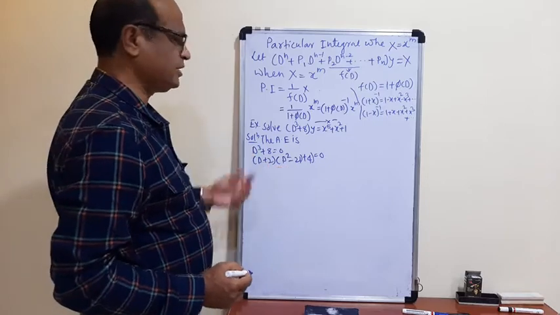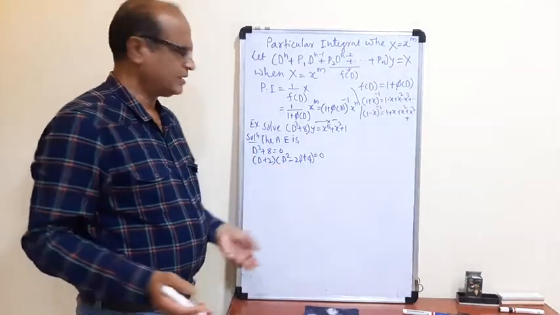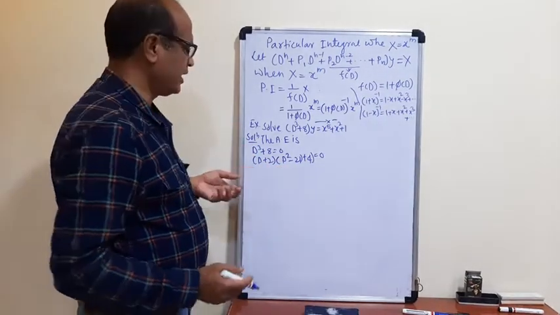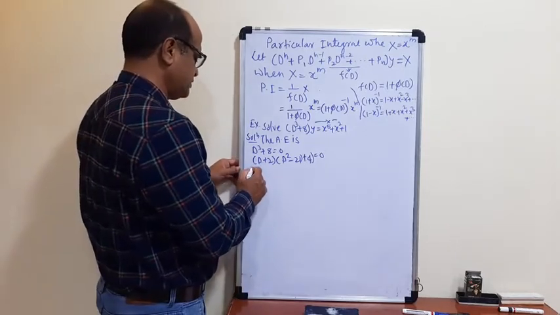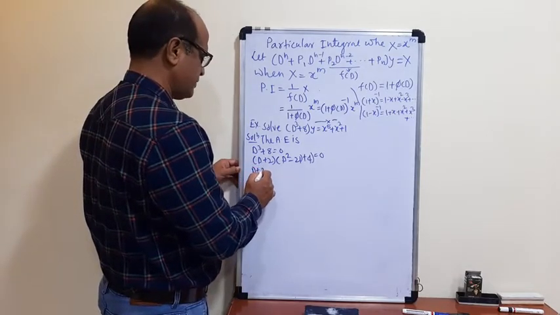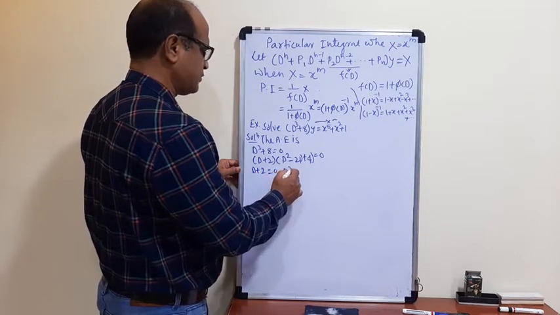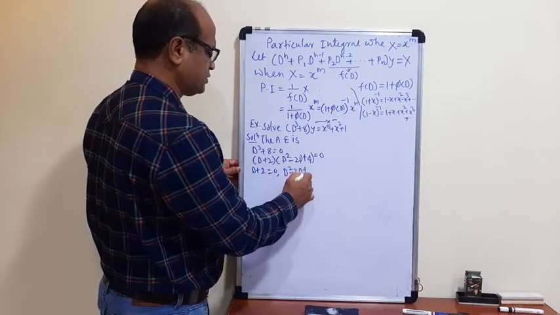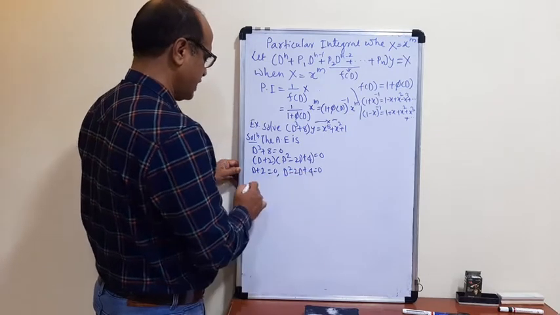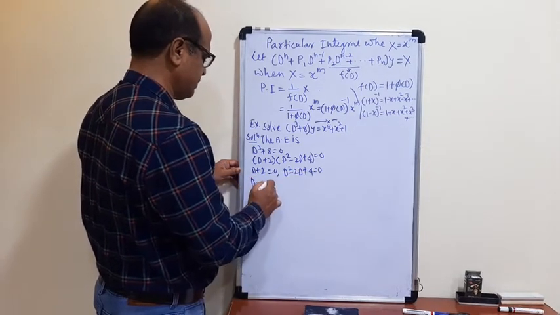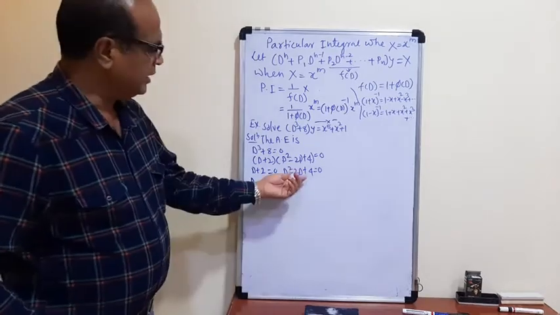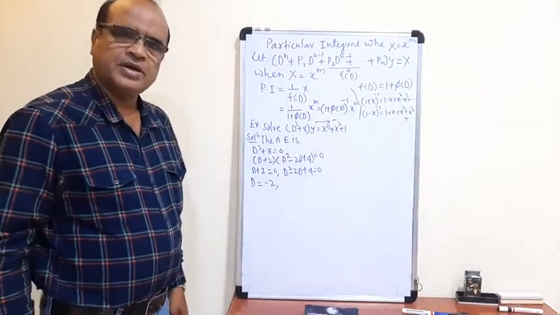Multiplication of this gives D cube plus 8. This is very simple, you simplify this. Then D plus 2 is equal to 0 and D square minus 2D plus 4 is equal to 0. So D is equal to minus 2, that is the first root. Now find the roots of this quadratic equation.